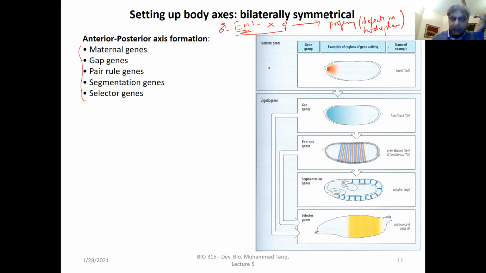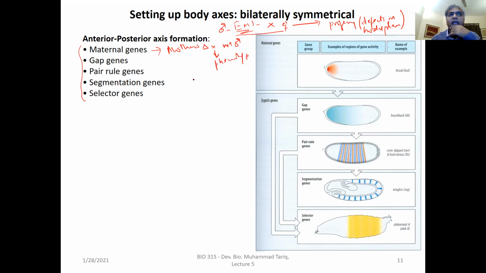The first category they named maternal genes. And why did they name them maternal genes? Because they found that if mothers are carrying a mutation for a gene, and we cross this with a wild type male, we will see a specific phenotype.